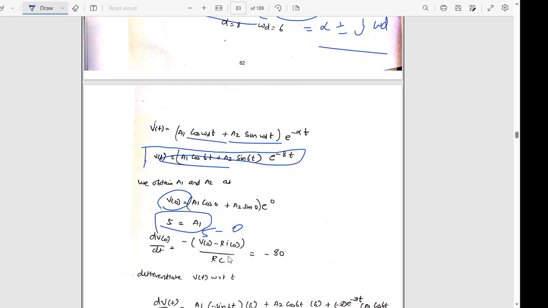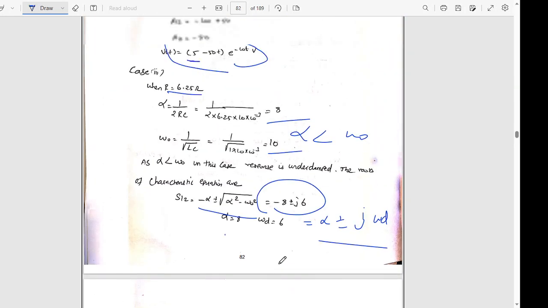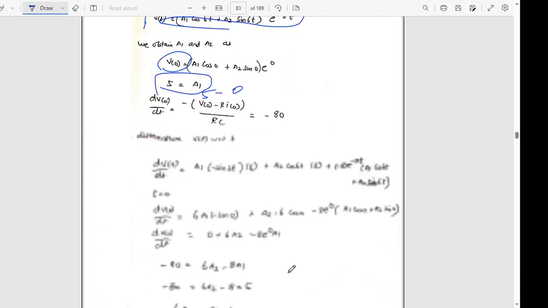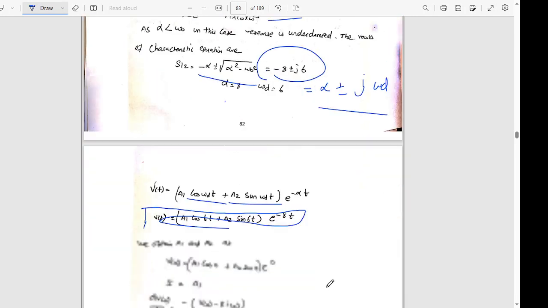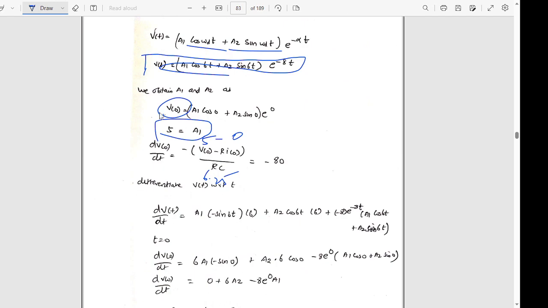The r value is given here as 6.25, and the c value is the same as given in the question, 10 into 10 power minus 3. Substitute that, we get minus 80. So we got dv of 0 by dt equals minus 80.